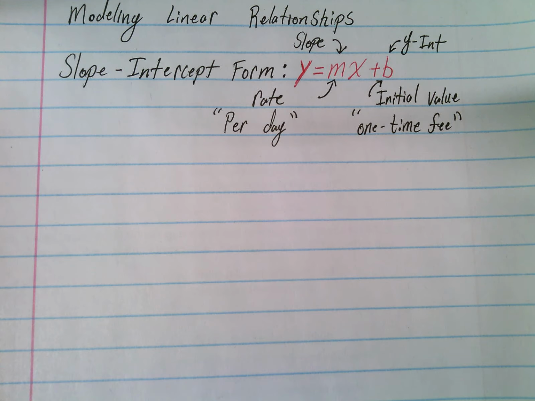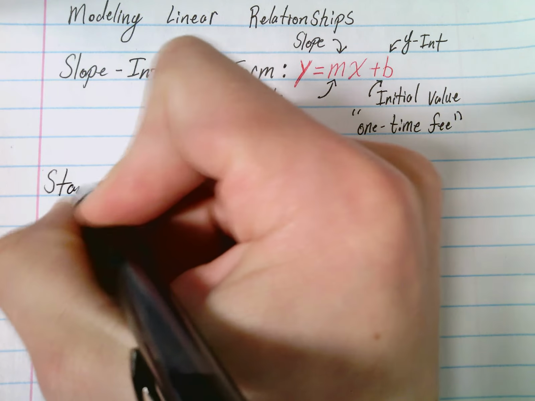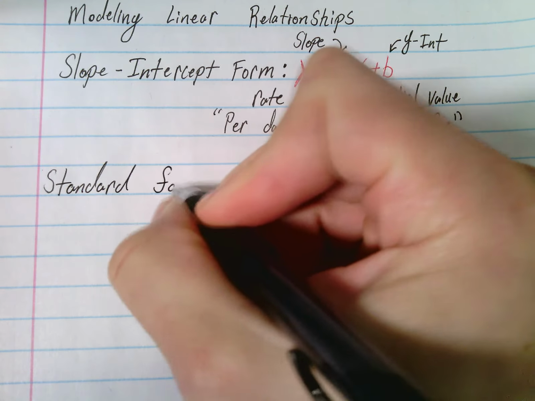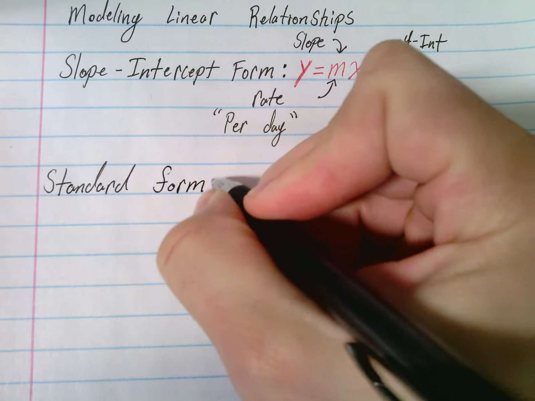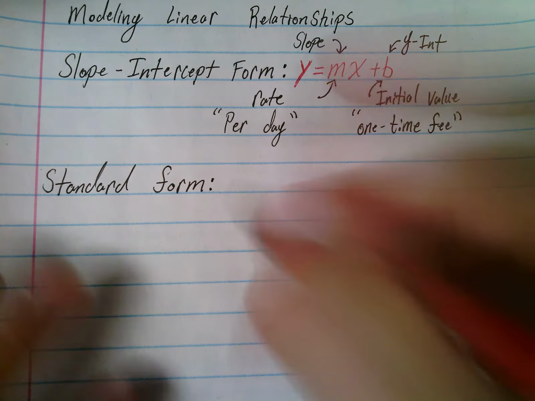The other way we have to choose between the two is if we might want to use standard form. In standard form, a linear equation will look like this: ax plus by equals c.